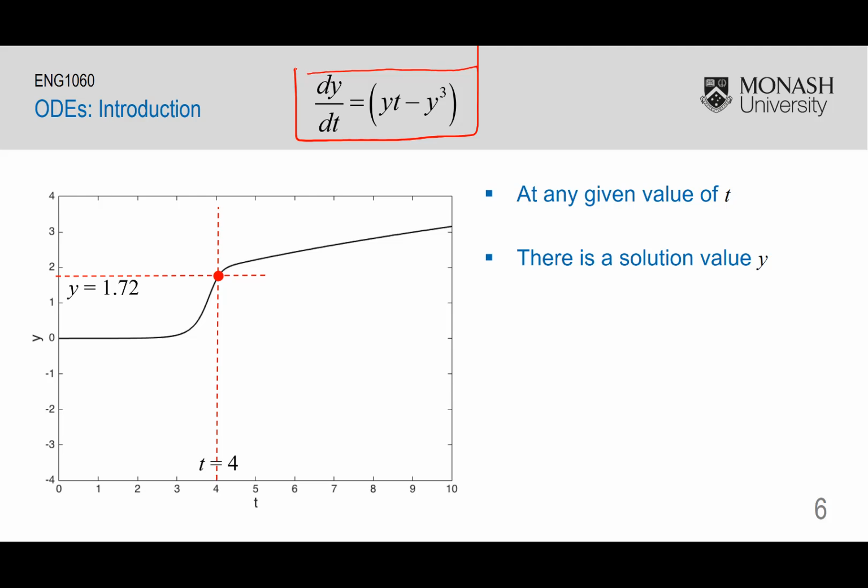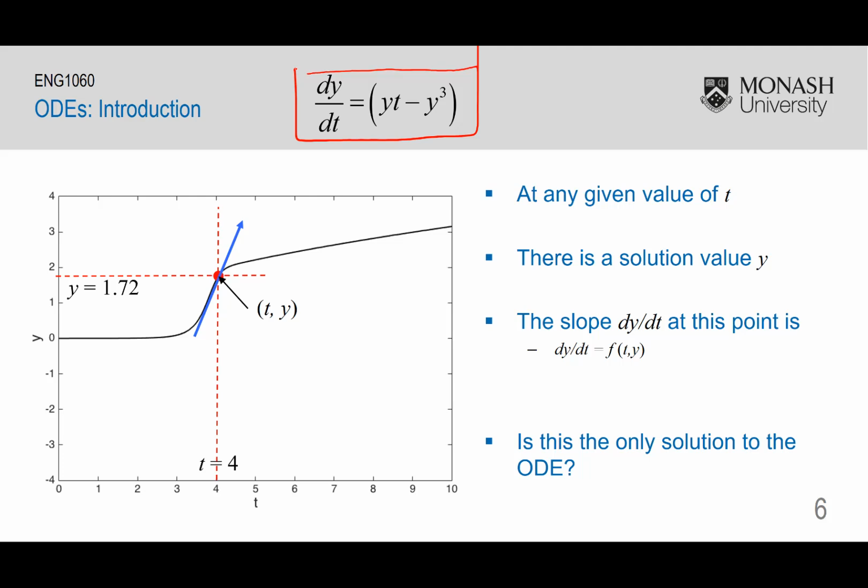We only know this, of course, because we've actually solved the equation. And at this point t, y, the slope of the function dy/dt is given by the right-hand side. That's yt minus y cubed. So in this case, it would be 1.72 times 4 minus 1.72 all cubed. And that would be the slope of the solution at that red dot in the figure.